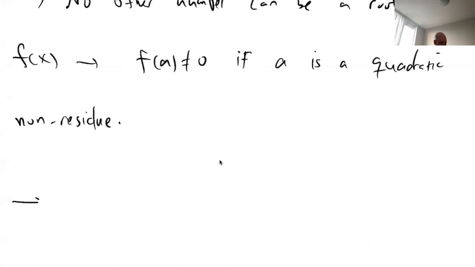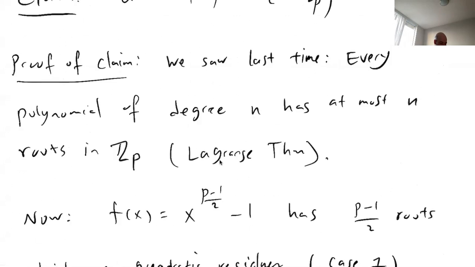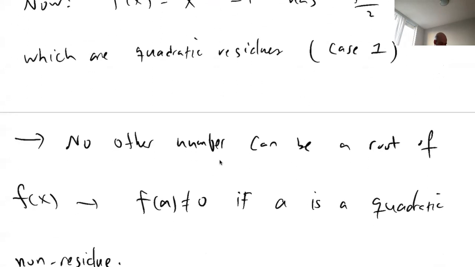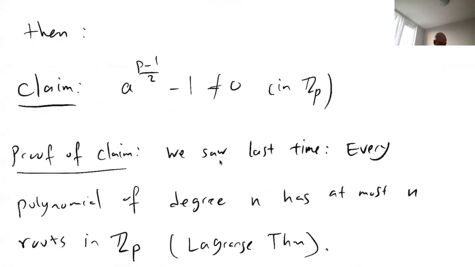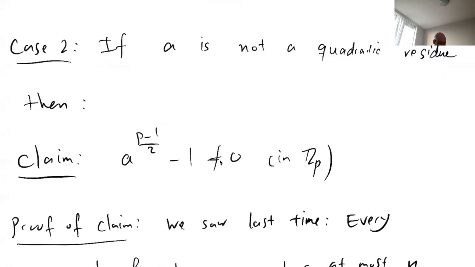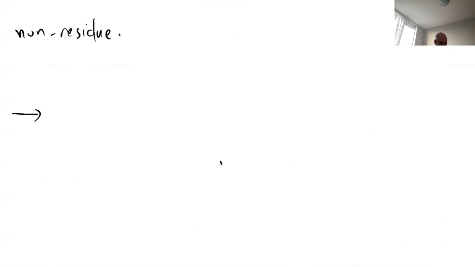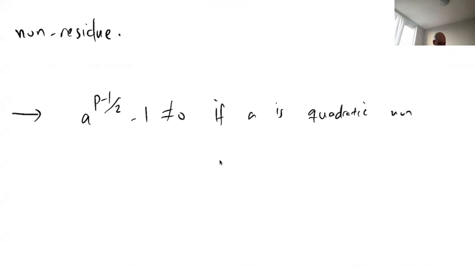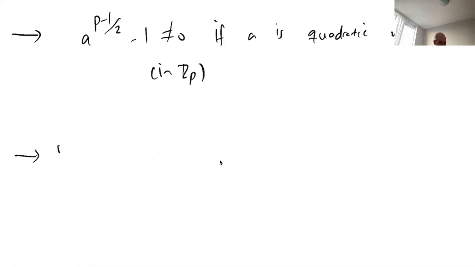So what does that mean? We show that, so we are in case 2, that a is not a quadratic residue. So that means a to power (p minus 1) over 2 minus 1 is not equal to 0 if a is a quadratic non-residue. And if a number is not equal to 0 in ZP, that means that number is not divisible by p.